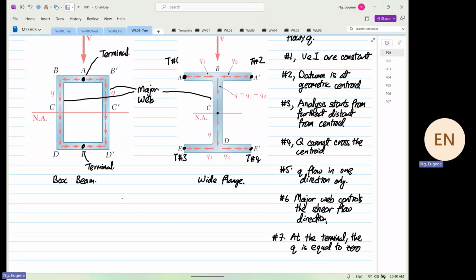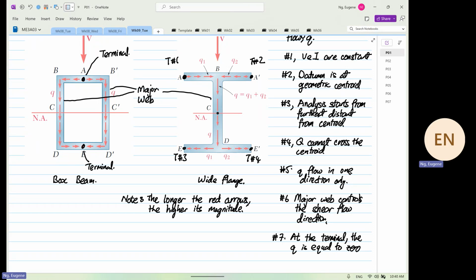Okay. Over here, I'll put a note. The longer the red arrows, the higher the what? Magnitude. Okay, I will highlight that.